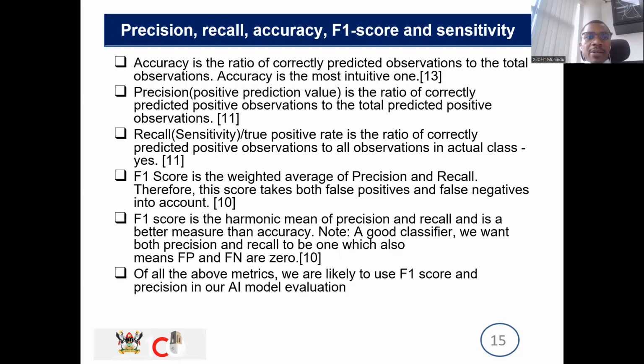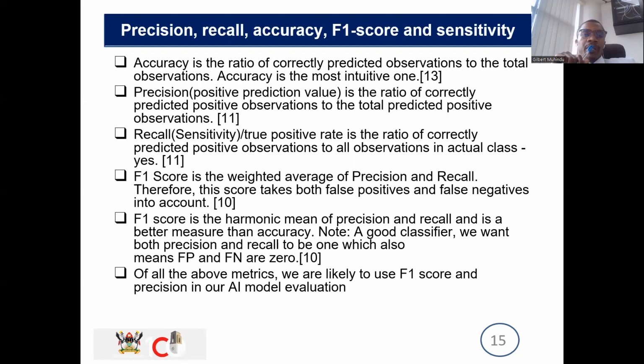Next I will take you through precision, recall, accuracy, and F1 score. I'm going to refer to things like true positive, true negative, false negative, and false positive.